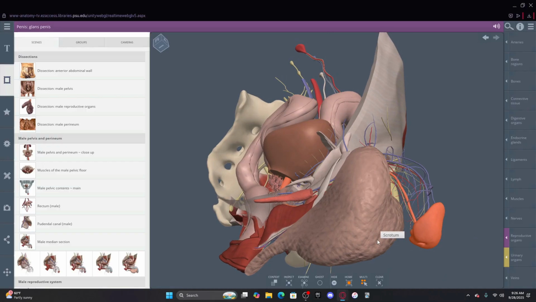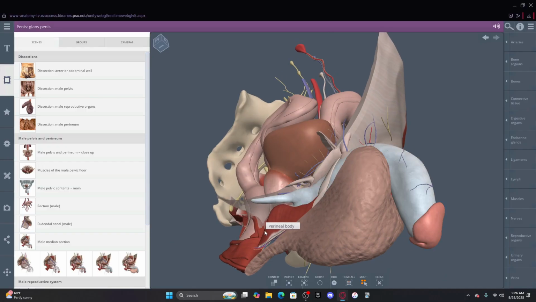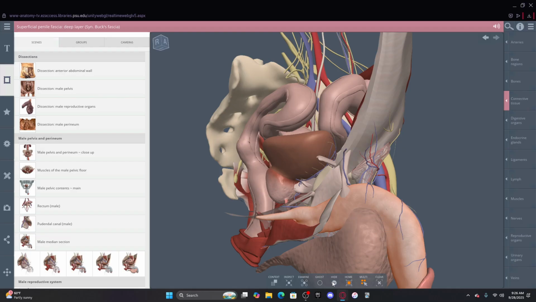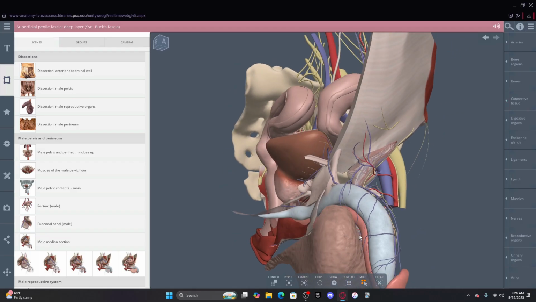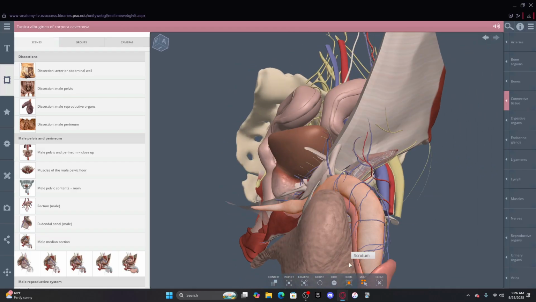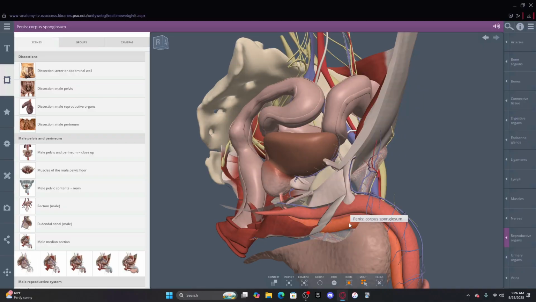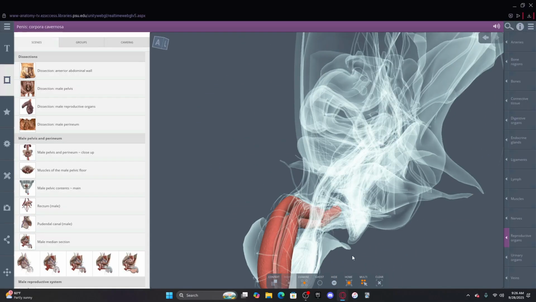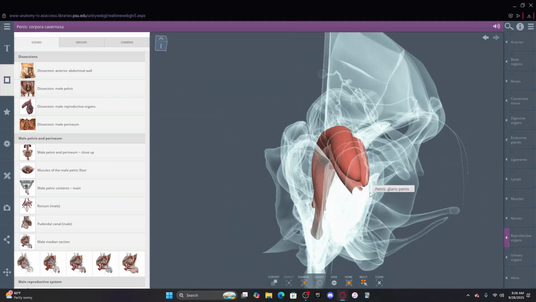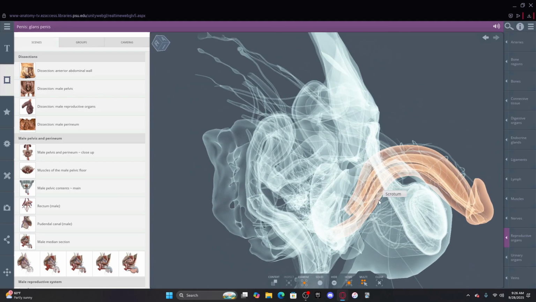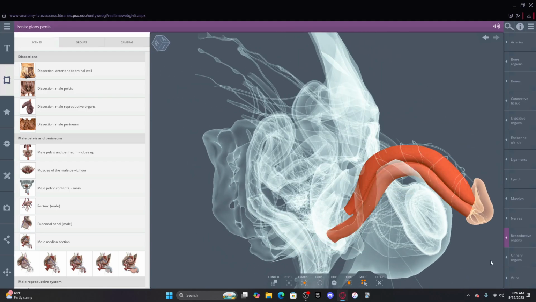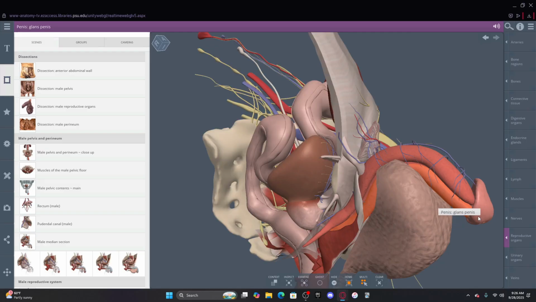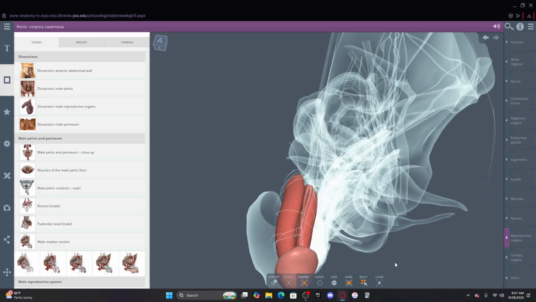So what I'll do is get the whole structure back, just so we can see what corpus cavernosum and corpus spongiosum look like when they're examined. So if I examine corpus cavernosum, we see corpus cavernosum on the top.